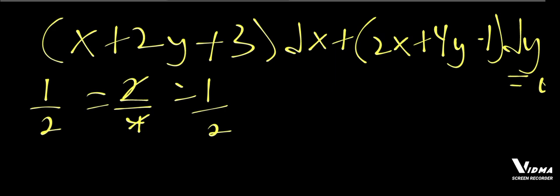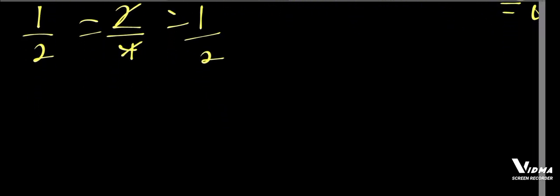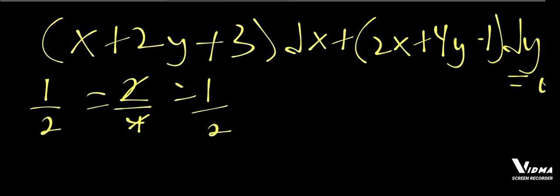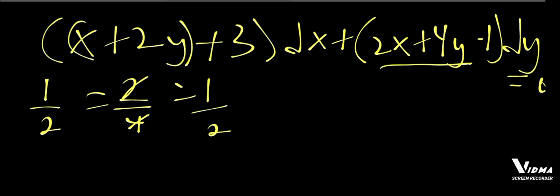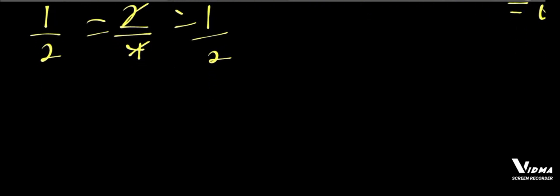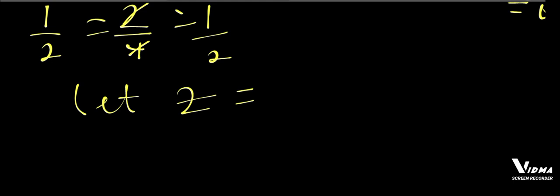And if that be the case, since we can see that this right here is a factor of this, I can say let z be equal to x plus 2y.